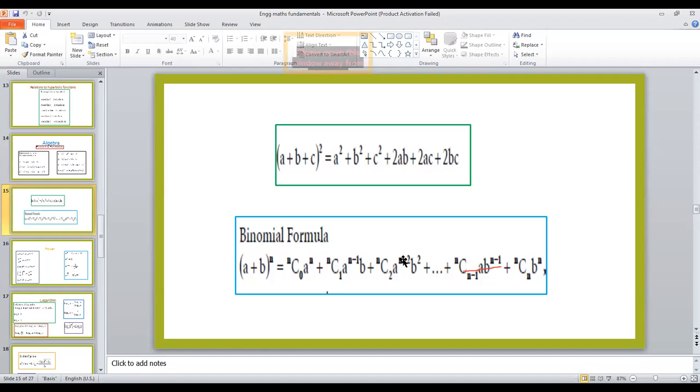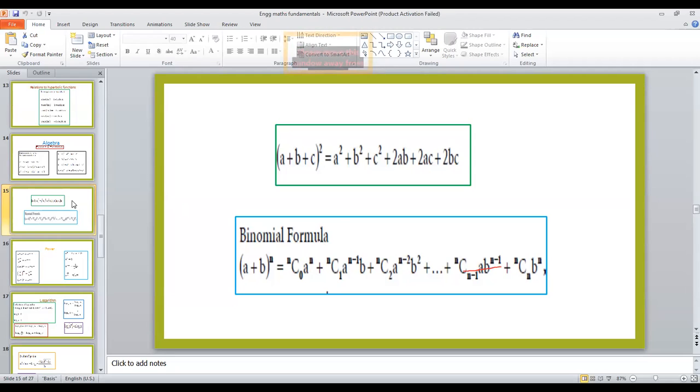Means the index of a will decrease by 1 and the second term will increase by 1. That is a raised to n minus 2 into b square, plus and so on, plus ab raised to n minus 1. Now in the last term, the index of a is 0 and the index of b is n. Means the expansion will start from a raised to n and end at b raised to n.